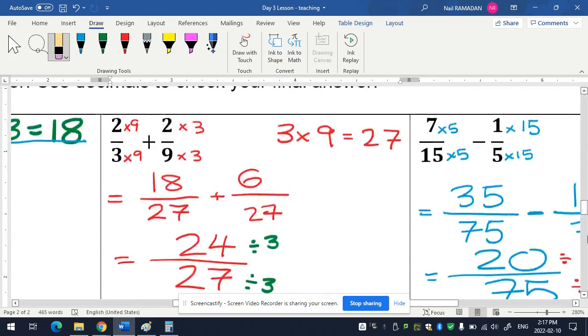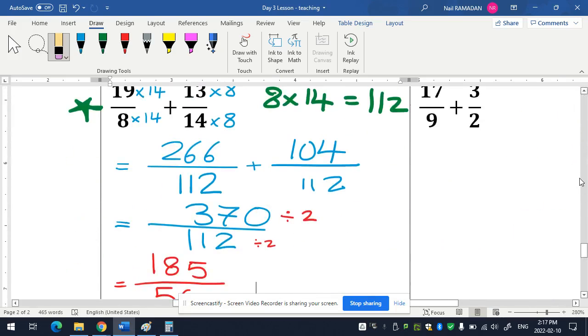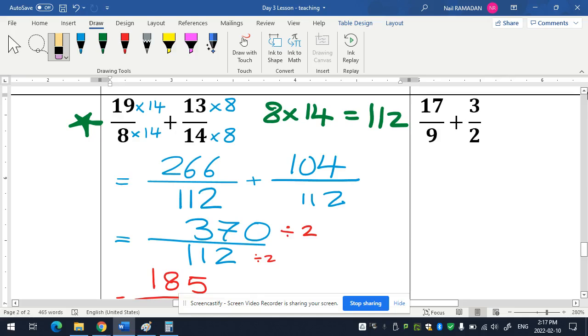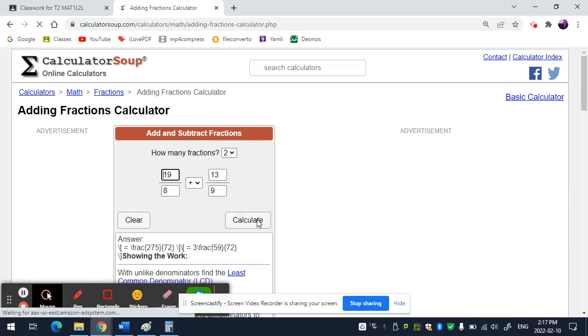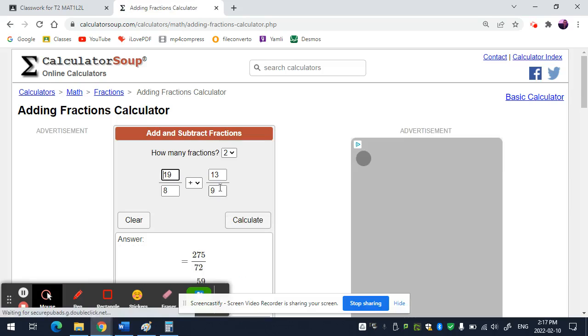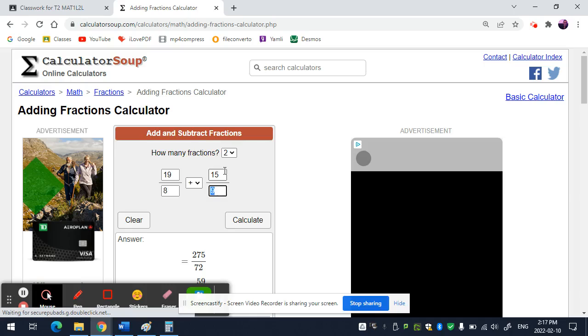so what is it? Oops, sorry. 19 over 8, 13 over 14. 19 over 8. It's a plus. So how much is it? Oh, no. Sorry, sorry. 15 over 14.